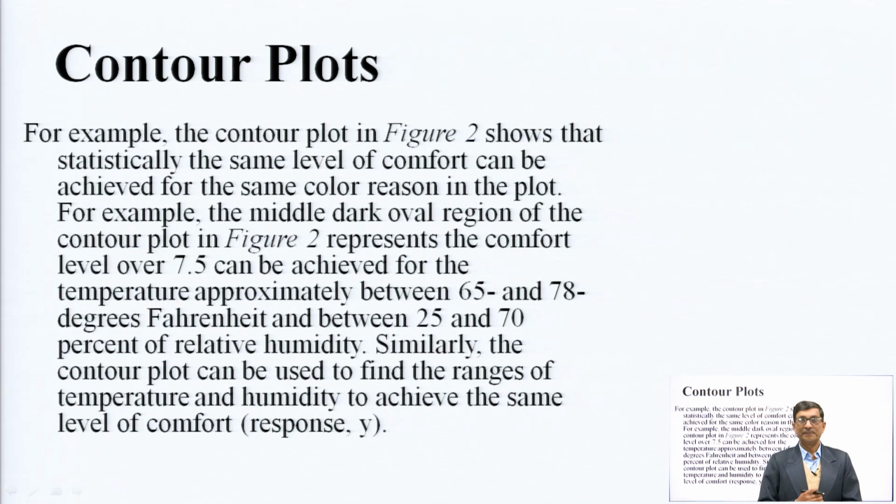For example, the contour plot we will see on the next slide shows that statistically the same level of comfort can be achieved for the same color region in the plot.